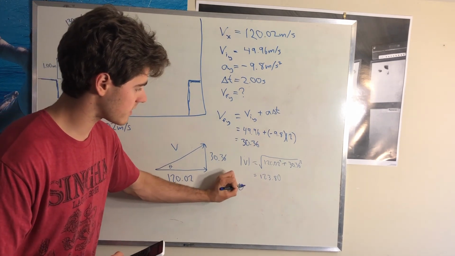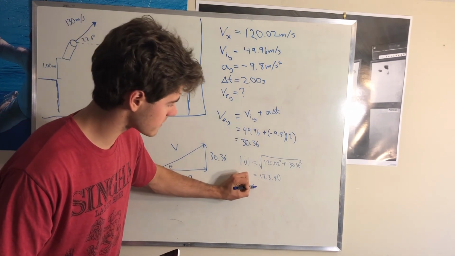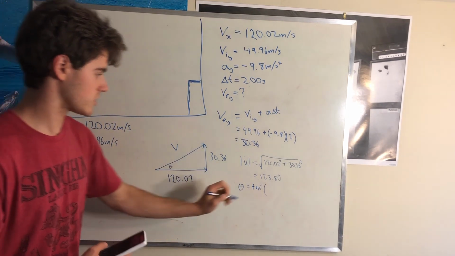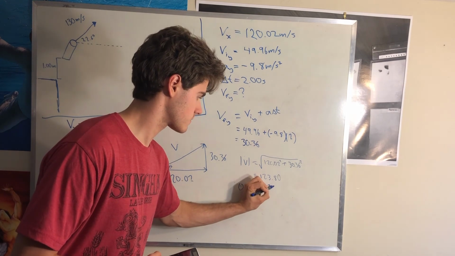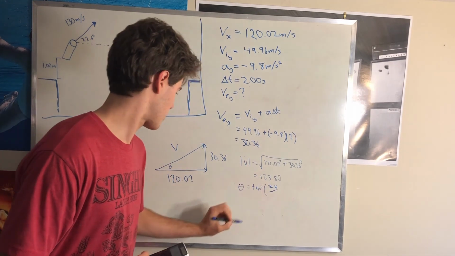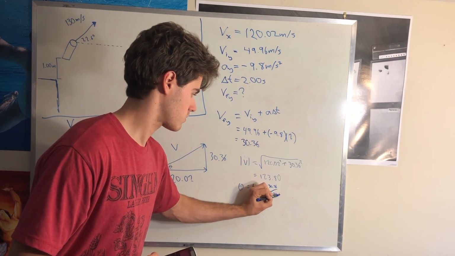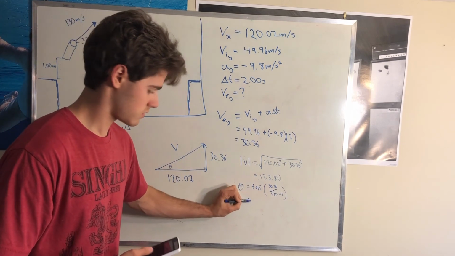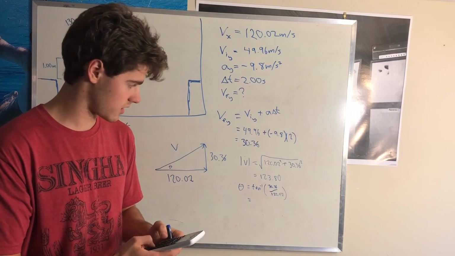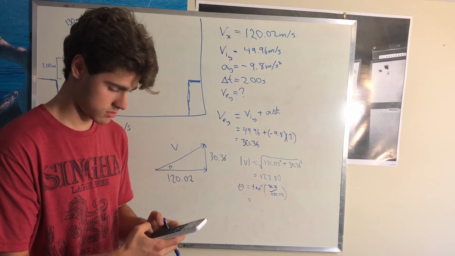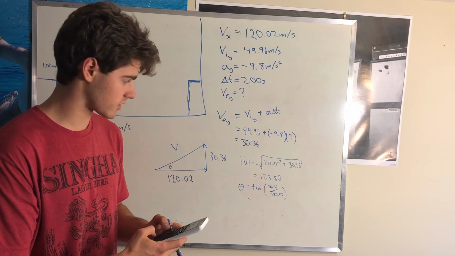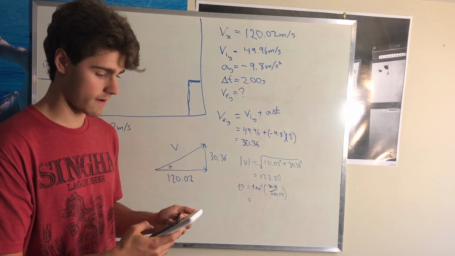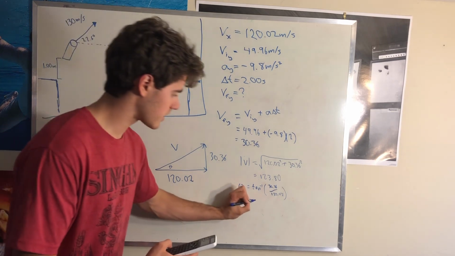And then theta is going to be the inverse tan of the opposite over adjacent. So 30.36 over 120.02. And if I plug that one in my calculator, tan inverse of 30.36 over 120.02 gives me 14.2, let's say.